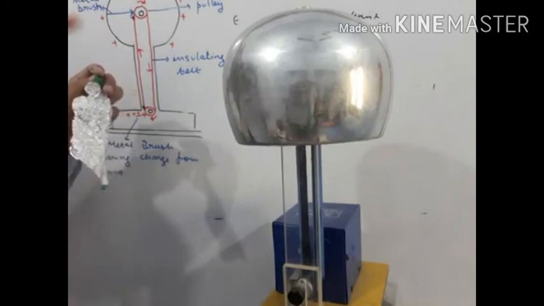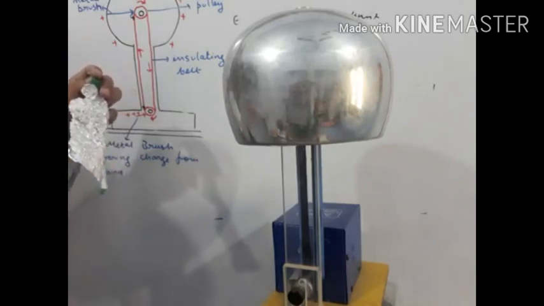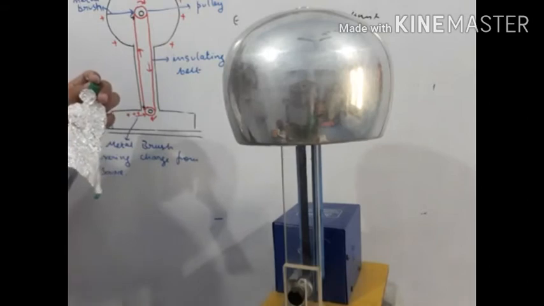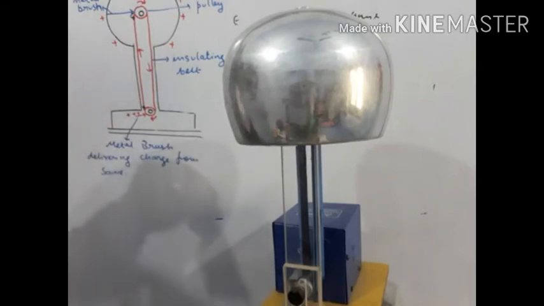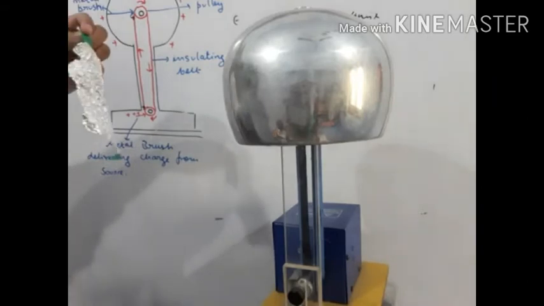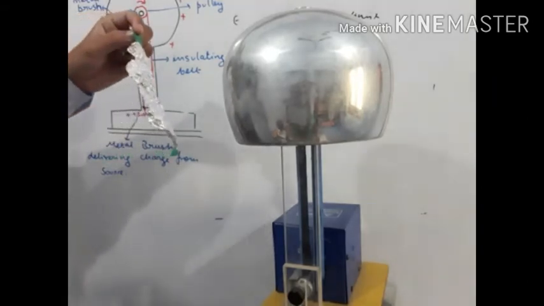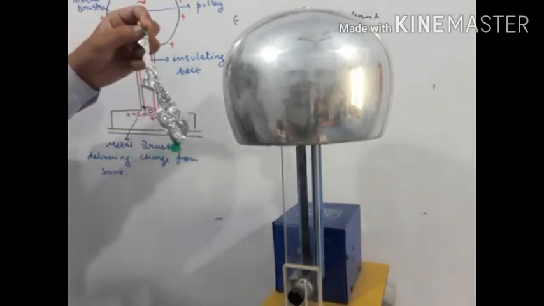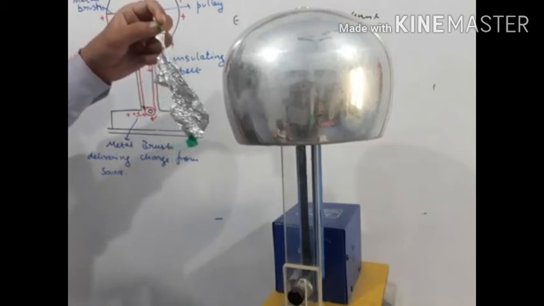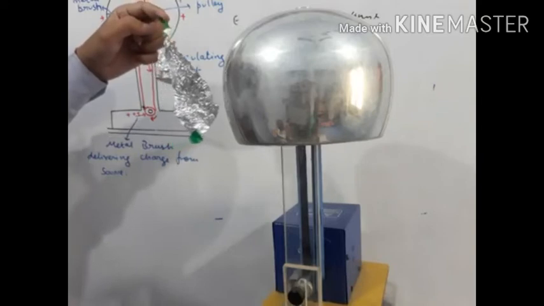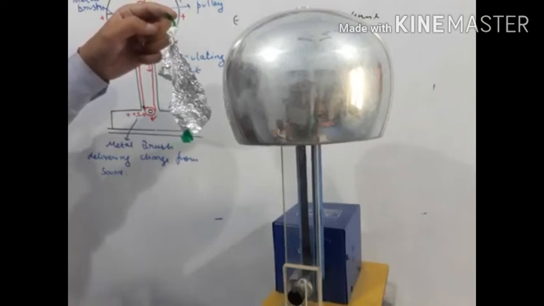Now that is positive. So positive and negative, there will be attraction. Positive and positive, there will be repulsion also. But the negative charges are closer to that particular dome. That's why there is a net force of attraction. Yes, can you see? And if I touch it, it will repel also, because the charges will redistribute themselves.